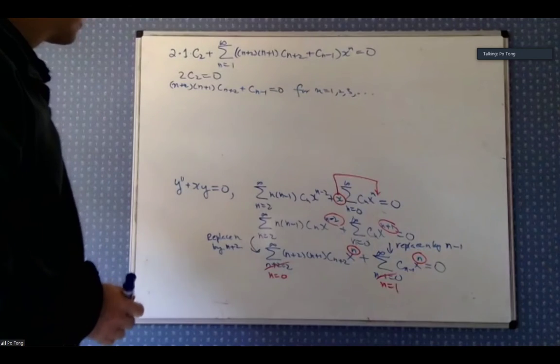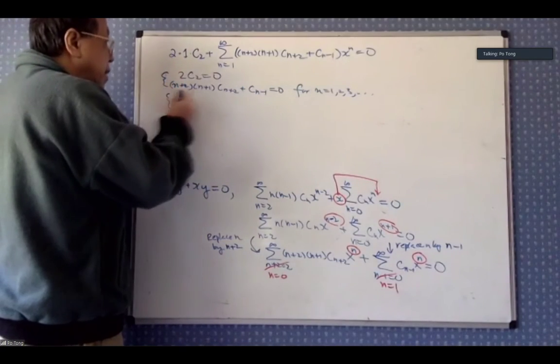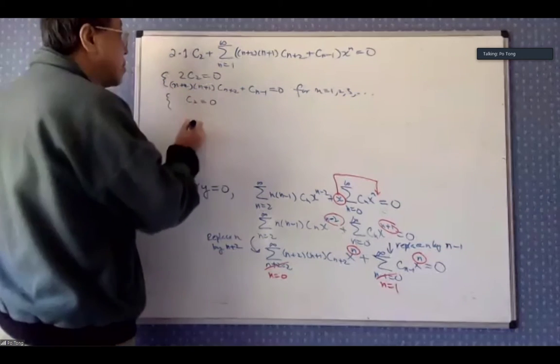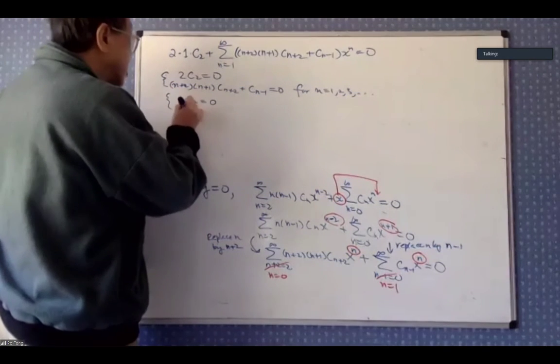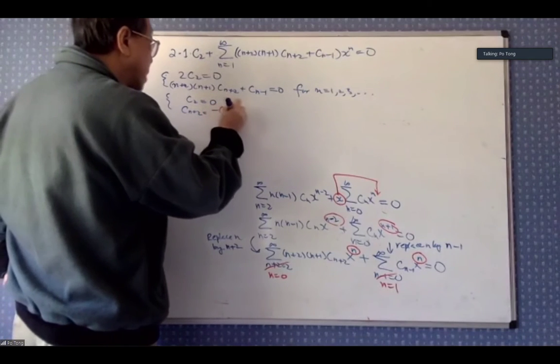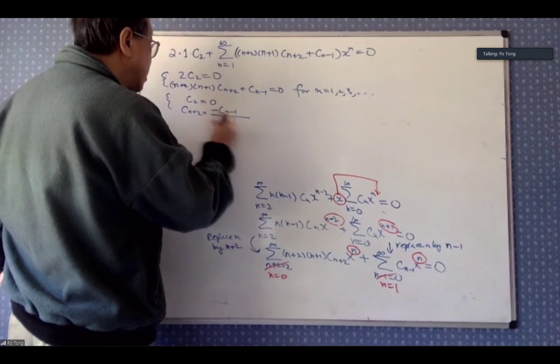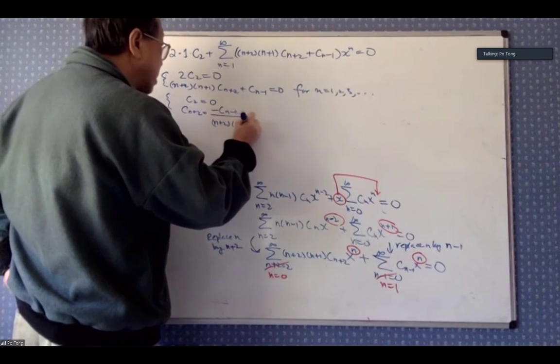So this becomes C2 equal to 0. Cn plus 2 equal to negative Cn minus 1 divided by n plus 2, n plus 1.